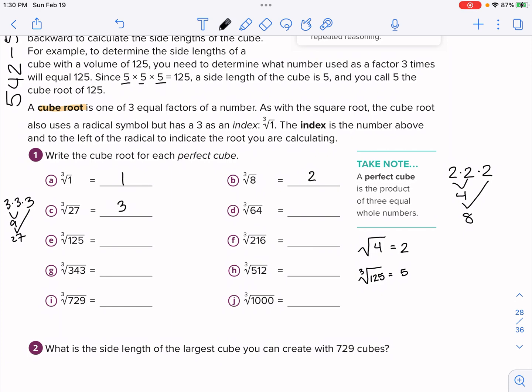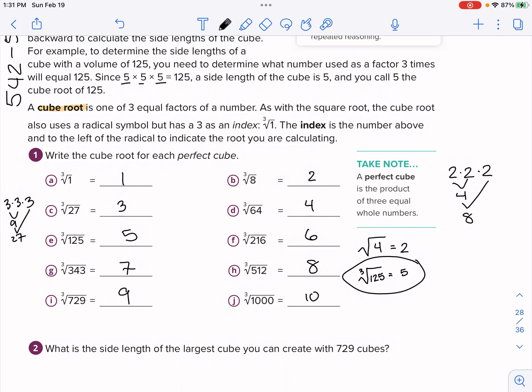But as you can see, the pattern that we have, 1, 2, 3, is just increasing by 1 unit. So the cube root of 64 is just 4. And really everything is just increasing by 1. So the next one should be 5. And we found that off to the right here. Cube root of 125 is 5. Next one is 6. This one is 7. 8. Cube root of 729 is 9. And cube root of 1000 is 10.